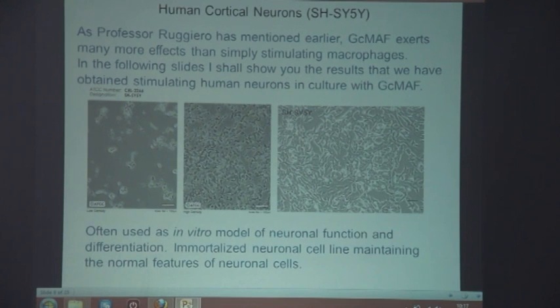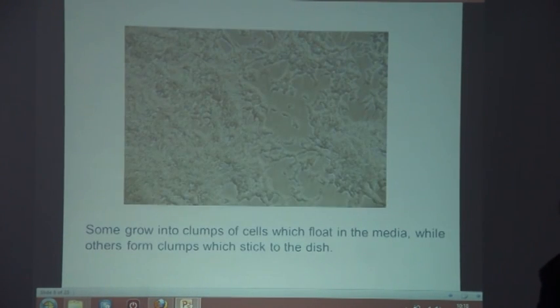This cell line is often used as an in vitro model of neural function and differentiation. The immortalized neural cell line maintains, and it's important, the normal features of neuronal cells. You can see that some of the cells grow into clumps which float in the media, while others form clumps which stick to the dish.